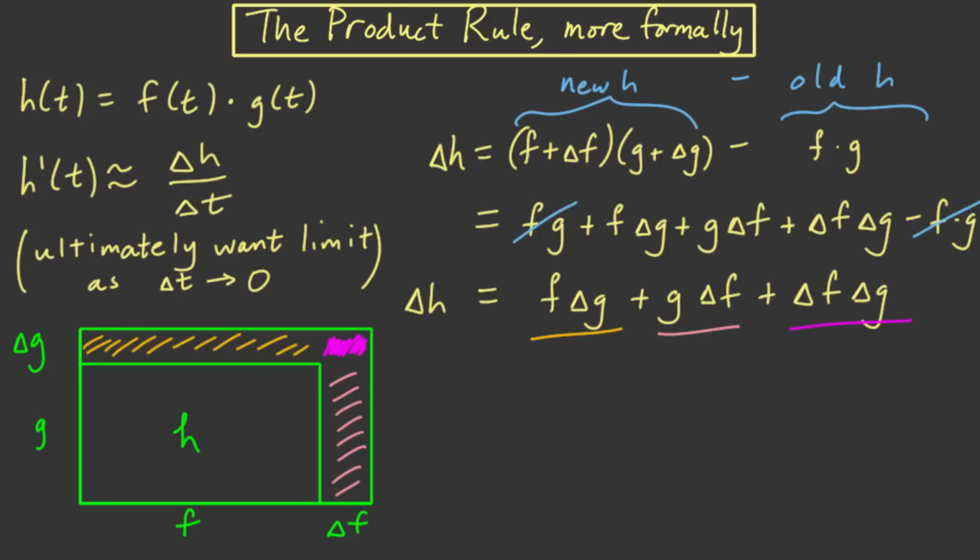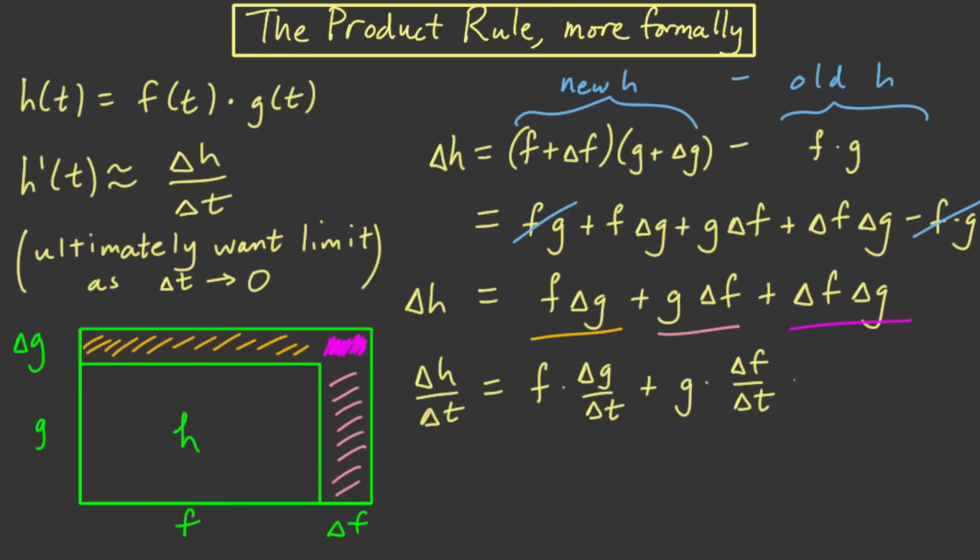All right, we've got our delta h, and we're supposed to divide that by delta t. And I'm going to write this in a form that's suggestive. So when we divide this first term by delta t, we're going to get f times delta g over delta t. Then for the next term, we'll put g times delta f over delta t.